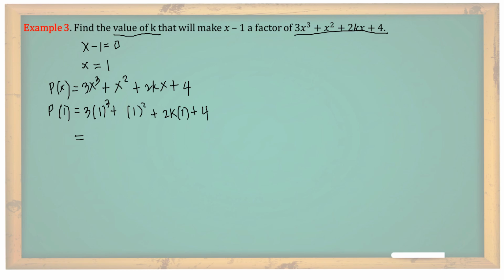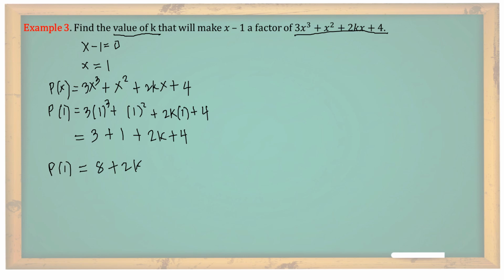So 3 times 1 is 3 plus 1 plus 2k. 2 times 1, 2. So 2k yan plus 4. And that is equal now to 3. 3 plus 1 is 4. 4 plus 4 is 8. So we have now 8 plus 2k.